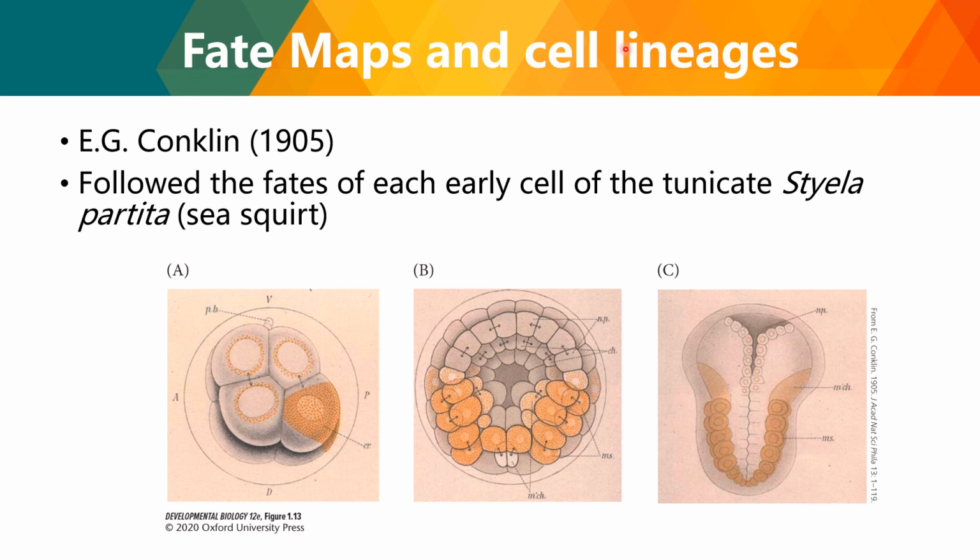So the yellow cytoplasm that you see in here on the pictures actually marks the cells that form the trunk muscles. So A is actually an 8-cell stage. 2 of the 8 blastomeres contain this yellow cytoplasm.